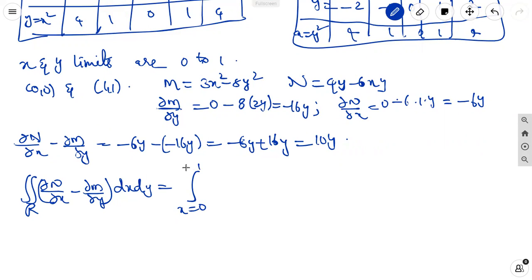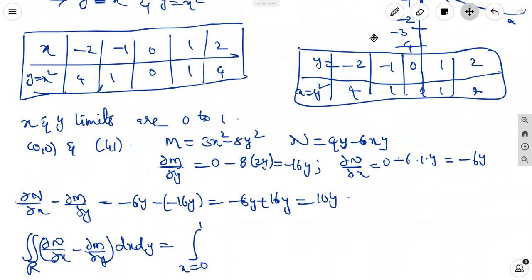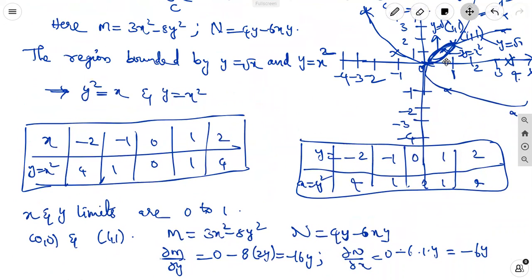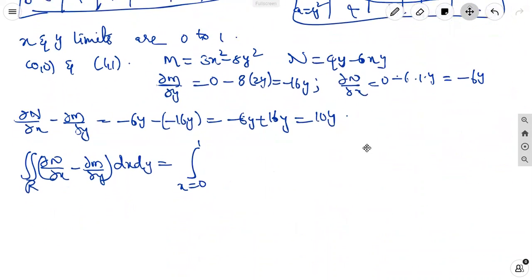For the y limits, we take the curves: the lower curve is x² and the upper curve is √x. So y goes along the curve y = x², from (1, 1) to y = √x. So we take the limits of y.